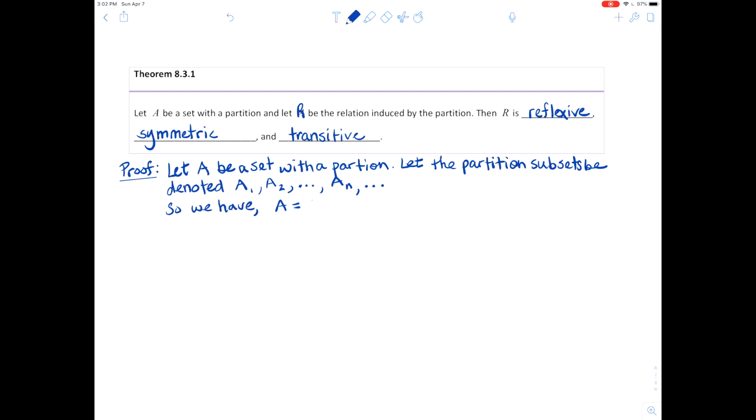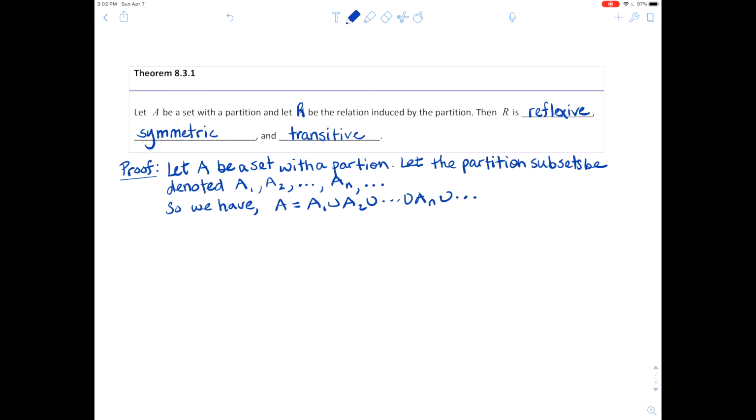So here, if we just write it out, we'd have A1 union A2 union ... union AN union ... And A1 intersect A2 intersect ... intersect AN intersect ... is equal to the empty set.